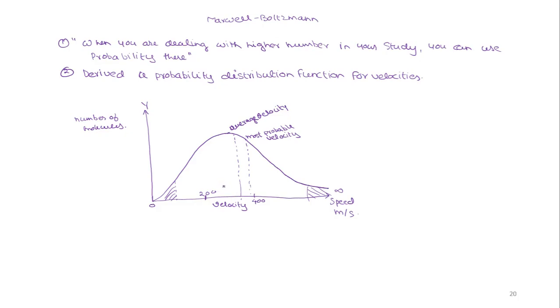If you draw a line over here, whatever area is present under this particular region, the respective area under the curve, will give you the particles with velocities ranging from 200 to 400 meter per second.